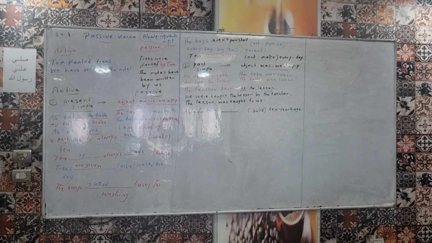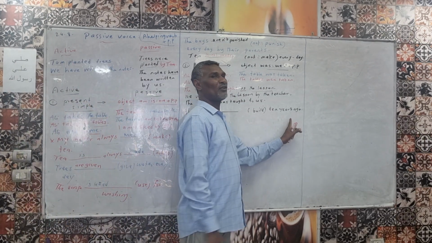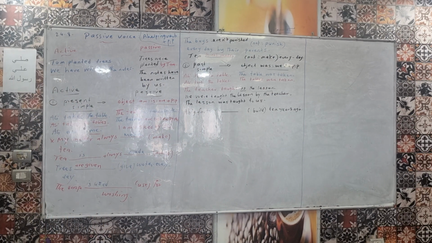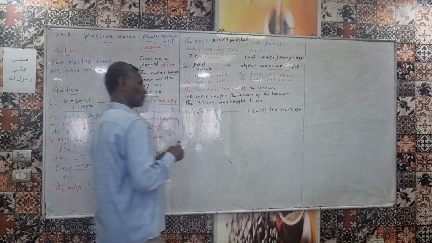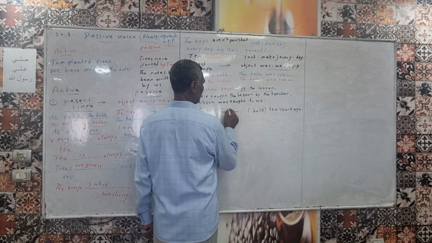Is it possible for the factory to build itself, or is there someone who builds the factory? Passive. 10 years ago is a passive marker. We say a big factory was built 10 years ago. Was built.